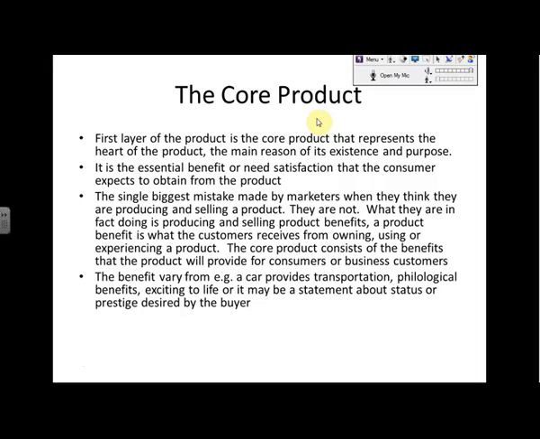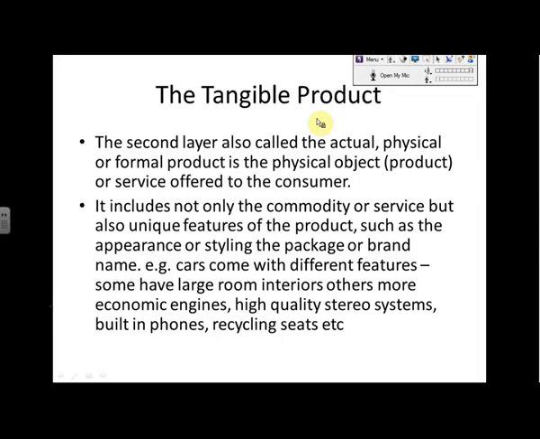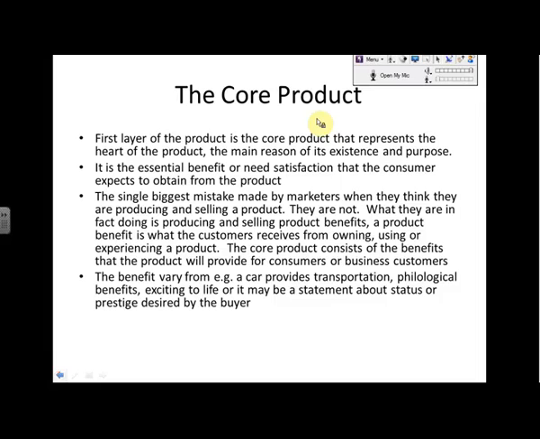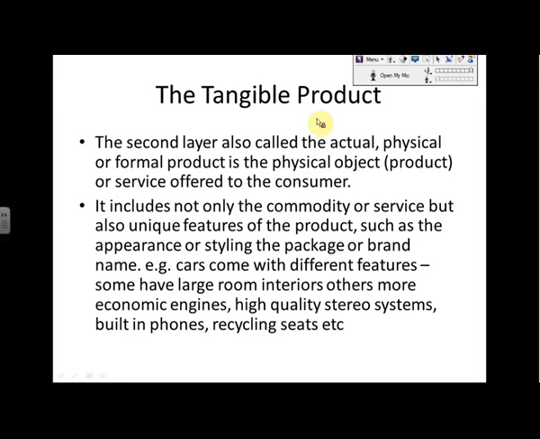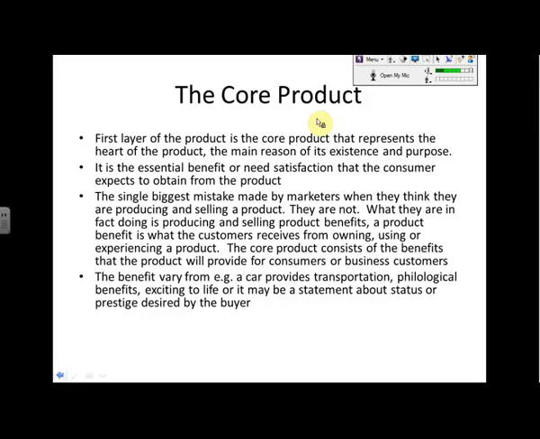The core product. The first layer of the product is the core product that presents the heart of the product, the main reason of its existence and its purpose.